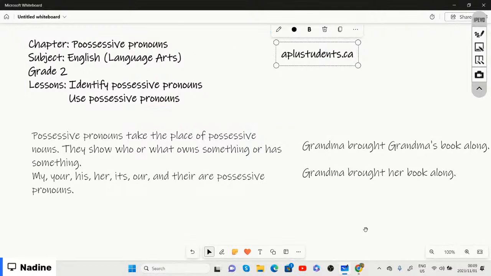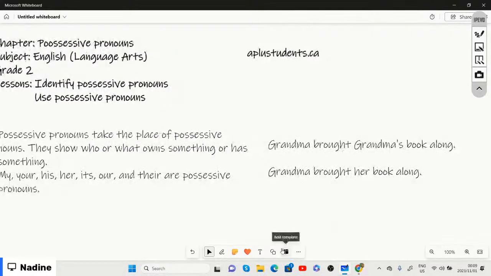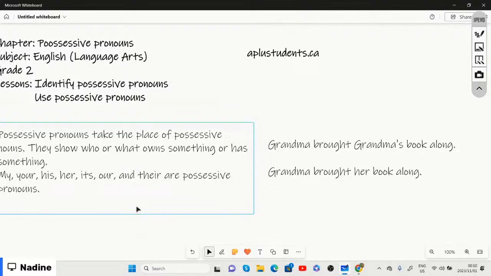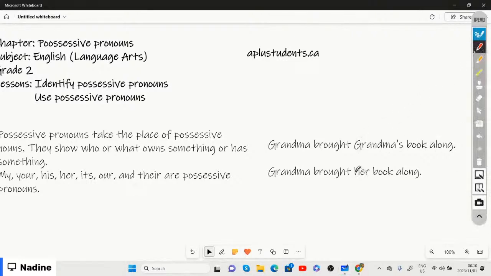So if we look at our example, it says grandma brought grandma's book along. So if we rewrite that sentence by adding the correct possessive pronoun, then we can say grandma brought her book along.